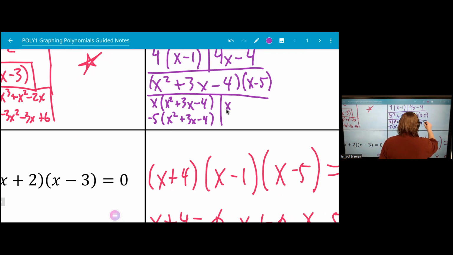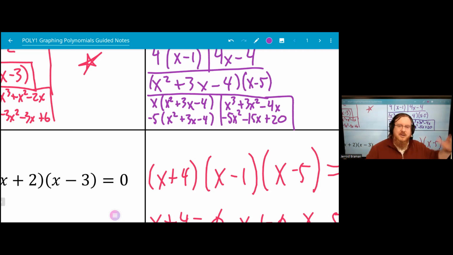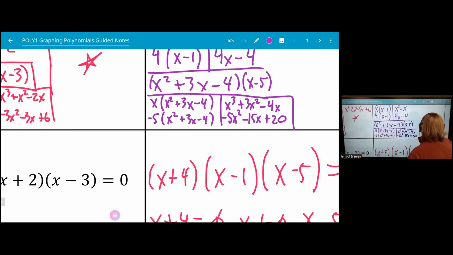Plus 3x squared minus 4x. Down here we have -5x squared minus 15x plus 20. Told you, right? Our first term is going to be x cubed. Got that. Last term is going to be +20. We got that. Let's see what we do end up with though. Overall, I have x cubed.